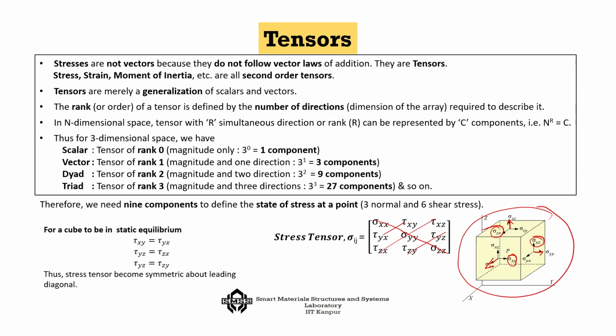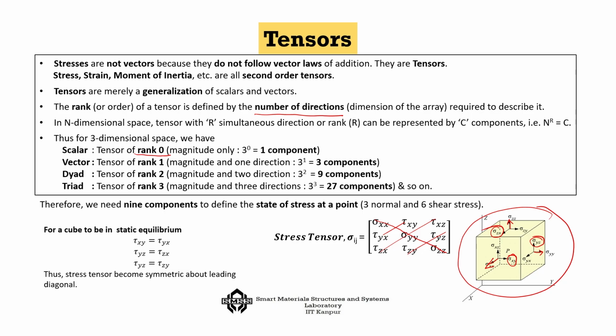Now, a formal definition of tensors is that we first of all define the tensors in terms of an order, and that is in terms of the number of directions that is required to describe it. So, if something is of rank 0, then we will call it a scalar, for example weight, or so to say the mass.